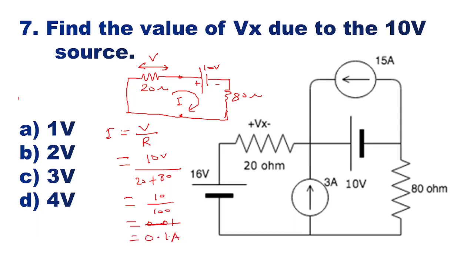Now this 0.1 ampere is the current flowing. This current multiplied by the 20 ohm resistor will give you the voltage. So Vx is nothing but 0.1 ampere multiplied by 20 ohm resistor. This is nothing but 2 volt. So Vx is equal to 2 volt. So option B is the right answer here, that is 2 volt.